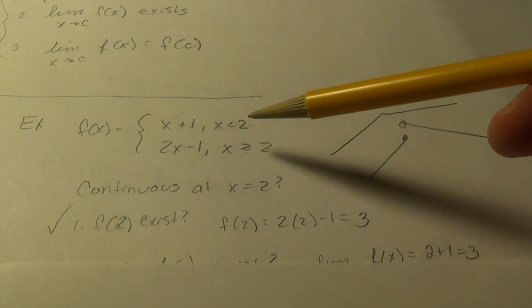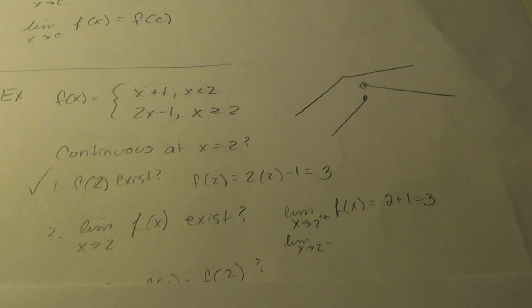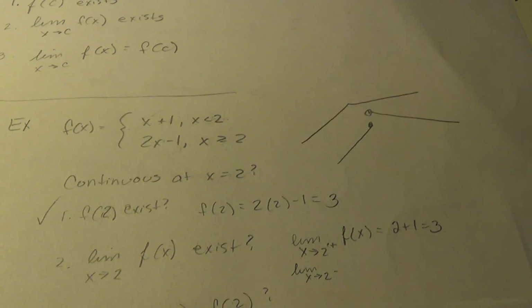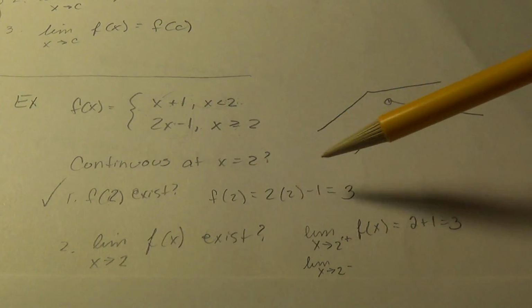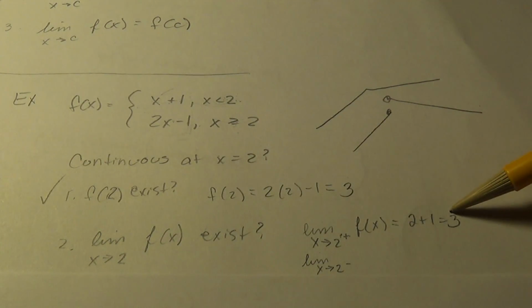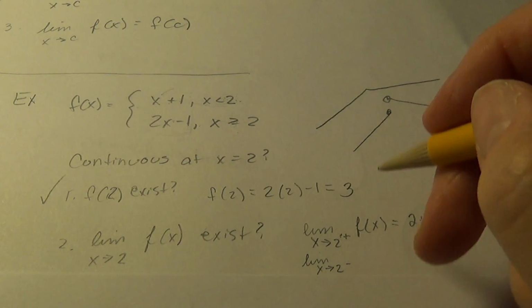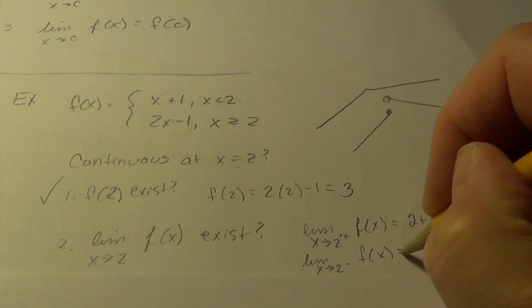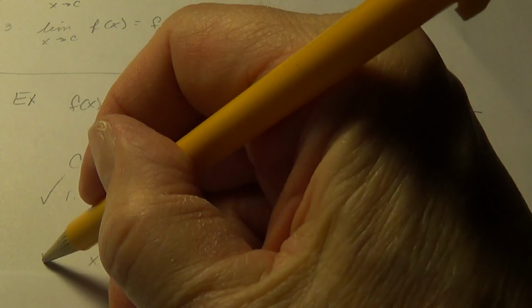So the limit from the left and the right were the same. So does the limit exist? Yes, it equals 3 from both sides. So we met the second condition.